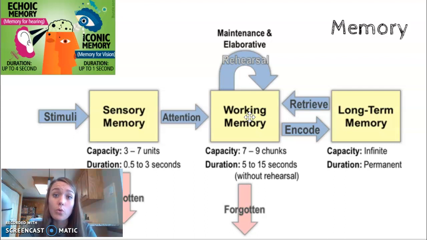Now, you can't hold more. It's 7 plus or minus 2 is the magic number of your working memory. So if you were to try to hold more than 7, really more than 9, since it's 7 plus or minus 2, you could not rehearse that many bits of information over and over. It's really in between 5 and 9.